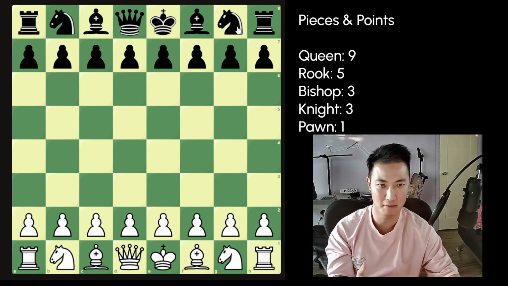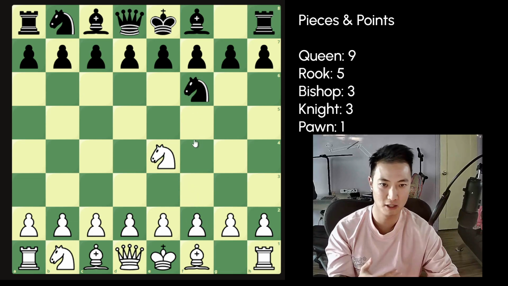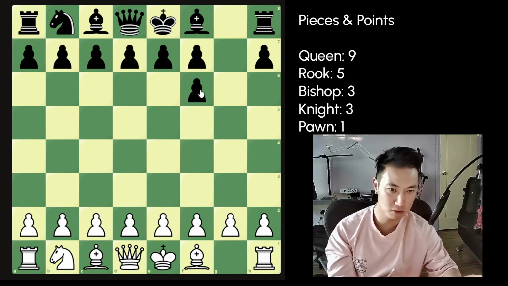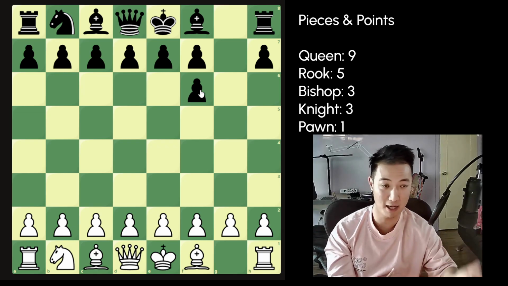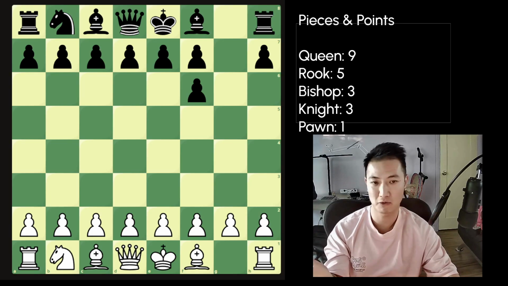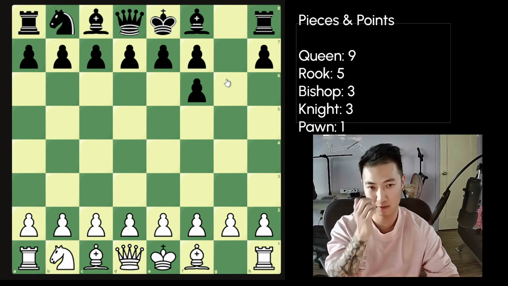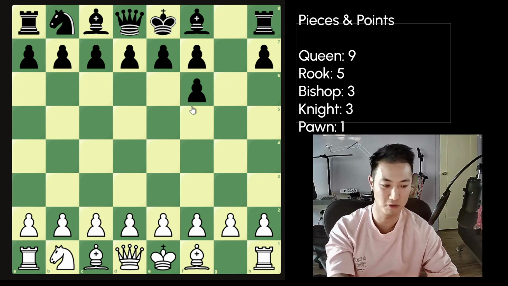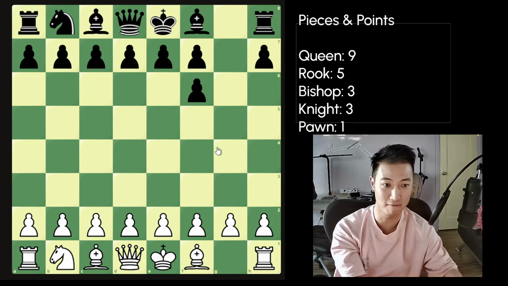For example, let's say you have this position and it's white's turn. You can trade knights: white captures black's knight, and then black captures back. That's essentially a trade, and because knights are worth the same, the trade is a fair trade.